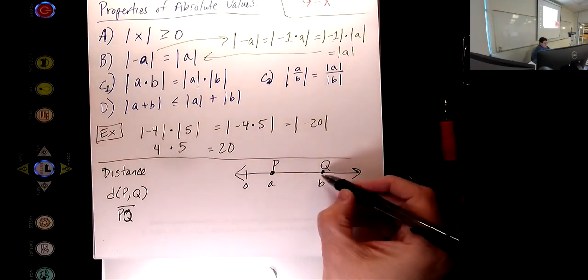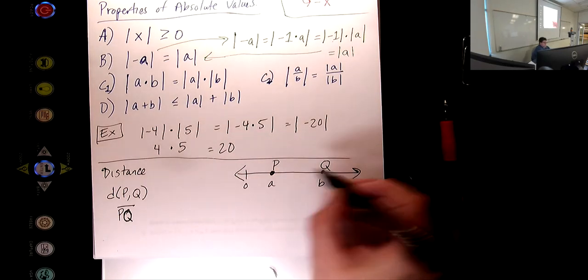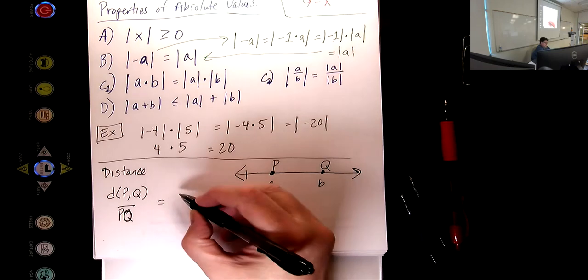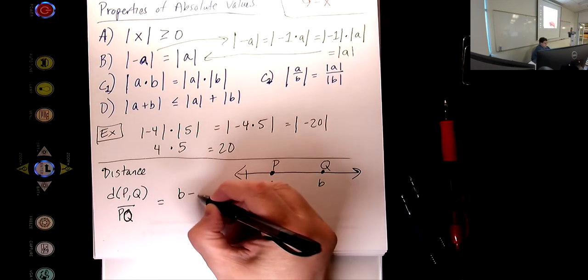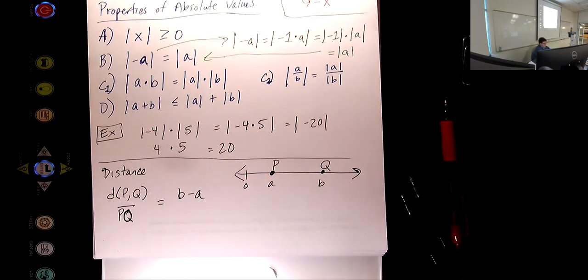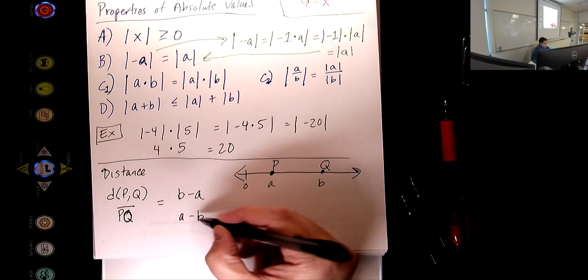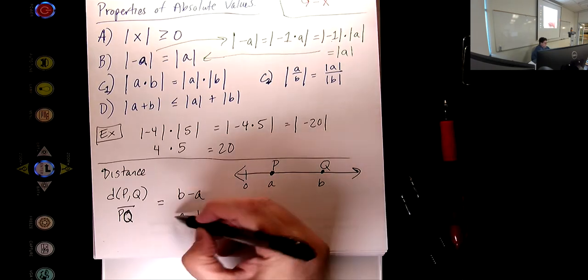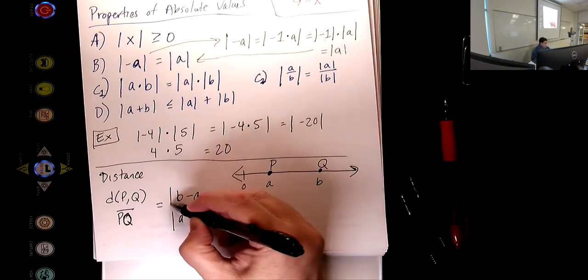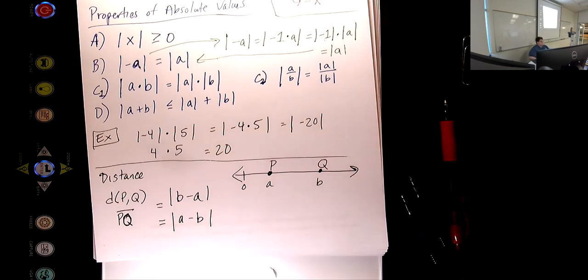Well, if I do distance, I want to have the bigger number minus the smaller number. This is B minus A. But if I don't know which order the values are in, I want to be able to do A minus B also. And the only way A minus B will work is if I make it absolute value. So we use absolute values to describe distance. Distance is the absolute value of the difference of the two values.